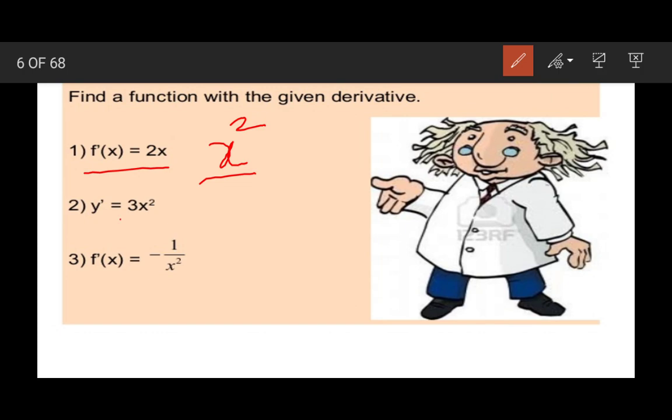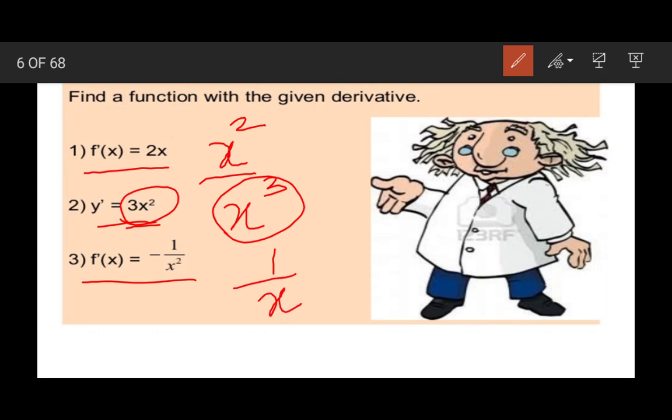If derivative is 3x square, then function is x cube, because derivative of x cube is 3x square. Now derivative is minus 1 upon x square, so function is 1 upon x, right? Derivative of 1 upon x is minus 1 upon x square.